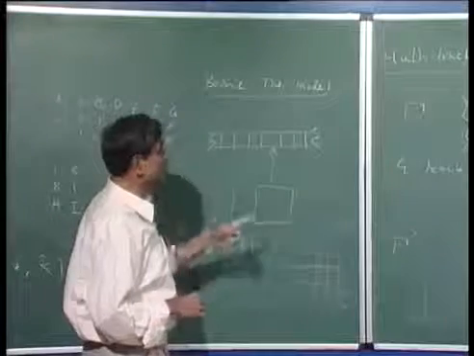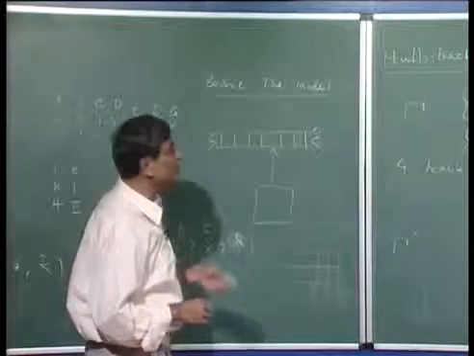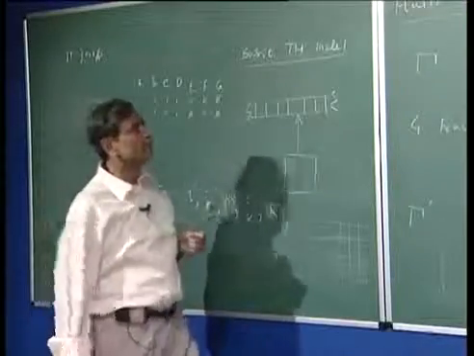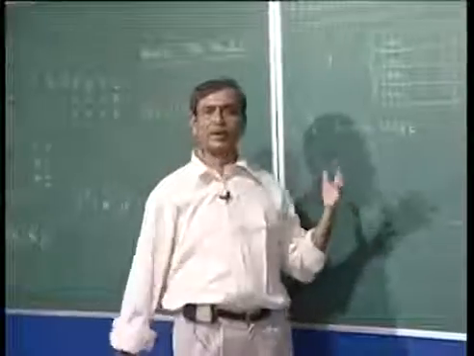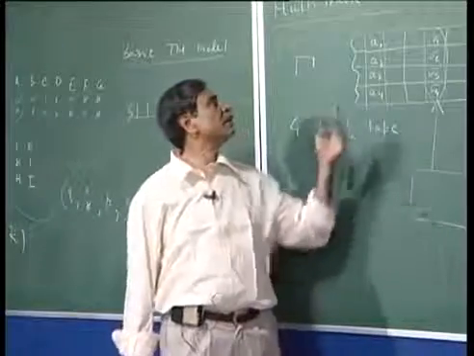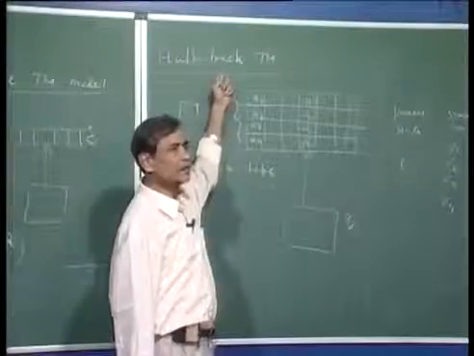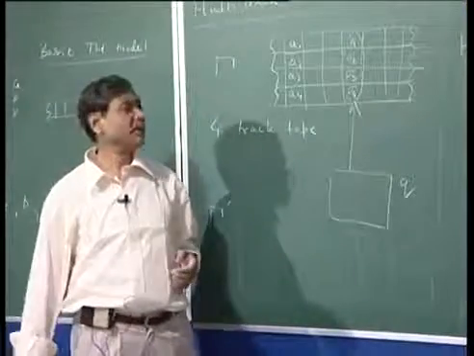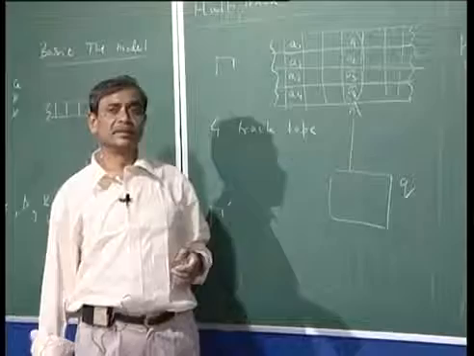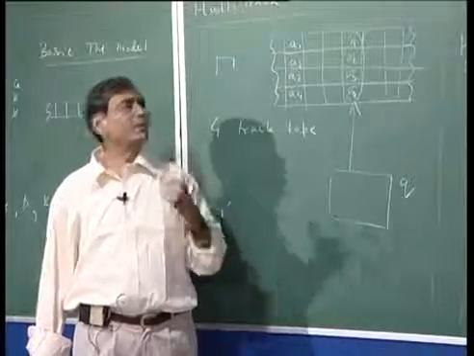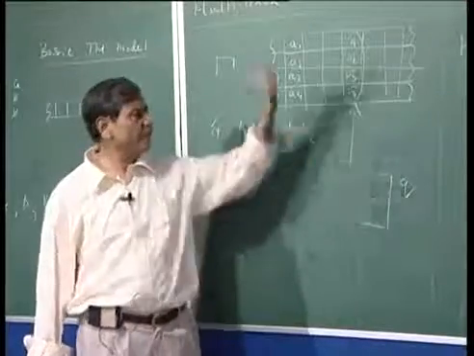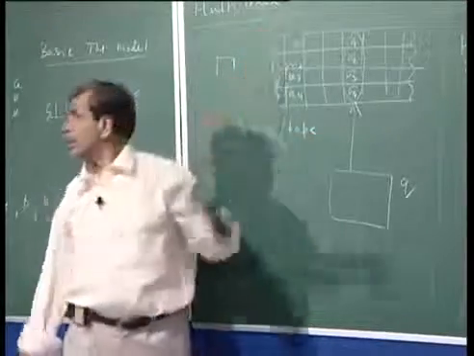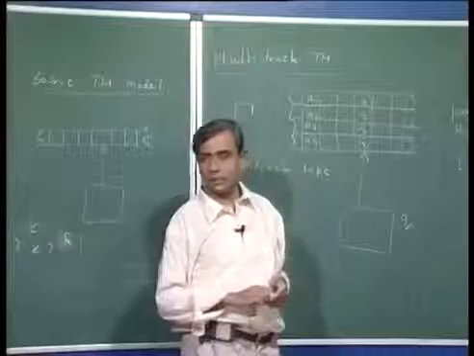Therefore, it should be fairly simple to convince ourselves that if one could recognize a language by means of a multi-track Turing machine, then by essentially changing the tape alphabet, I can do whatever the multi-track Turing machine did with a basic Turing machine model.